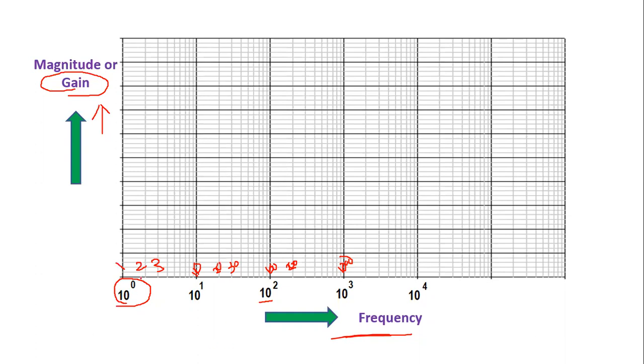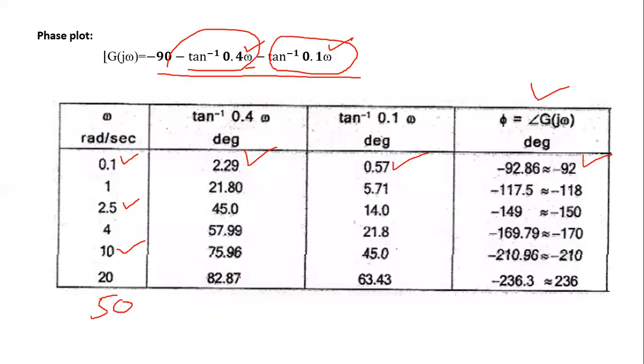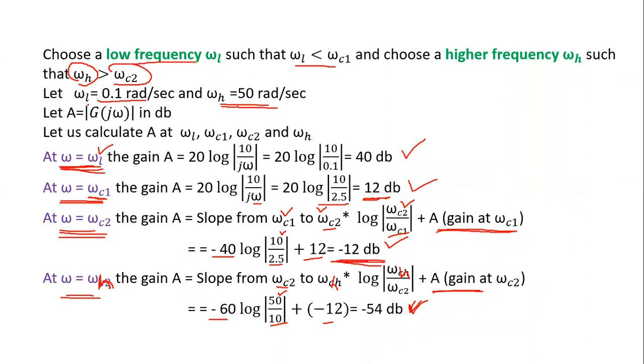If we assume 10 power 0, we are starting with 1, 2, 3. If we also want to plot 0.1, the first value will be 10 power minus 1, which means 0.1, 0.2, 0.3 and so on, and the next will be 10 power 0, then 10 power 1, and it goes like that. In our case, the corner frequencies are omega L is 0.1, then 2.5, 10, and 50.